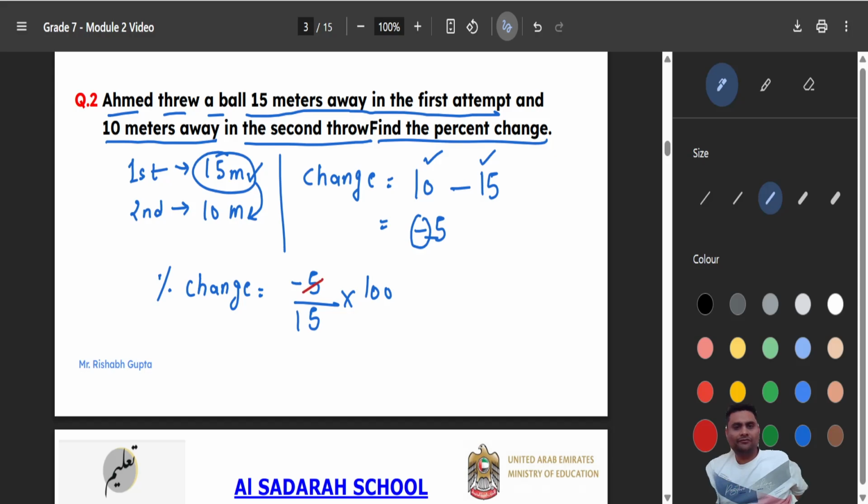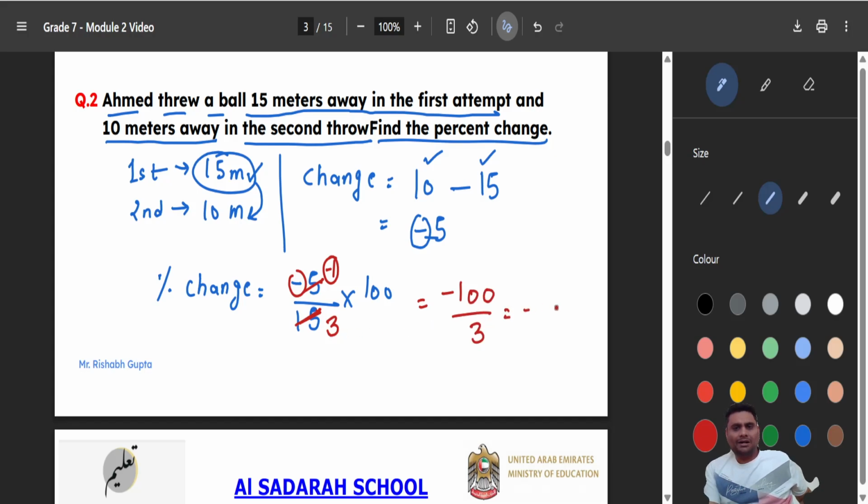So I can divide by 5 here and here. 5 divided by 5, 1. And 15 divided by 5, 3. And this will be minus 1, remember, because there is a minus here. So minus 1 times 100, minus 100 over 3.